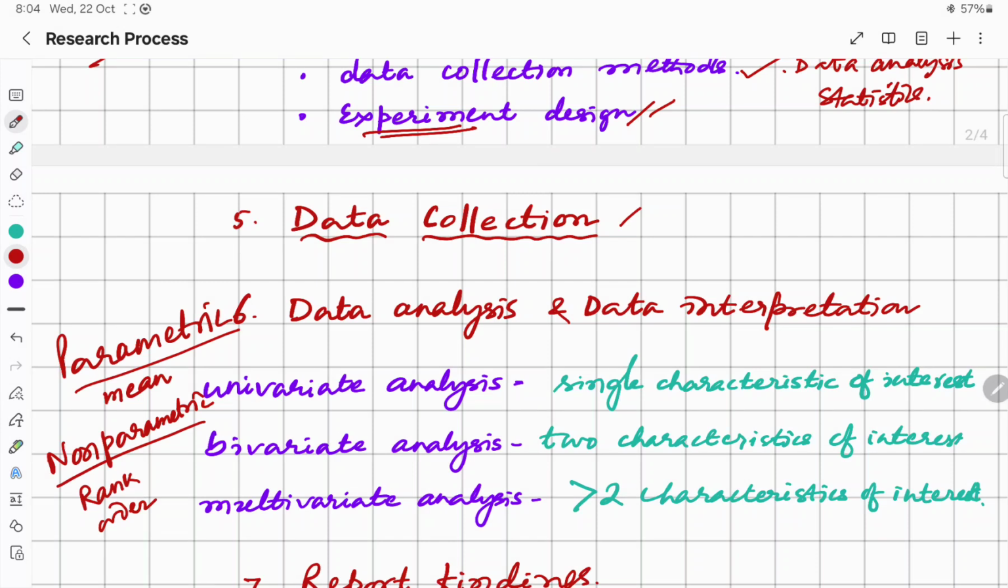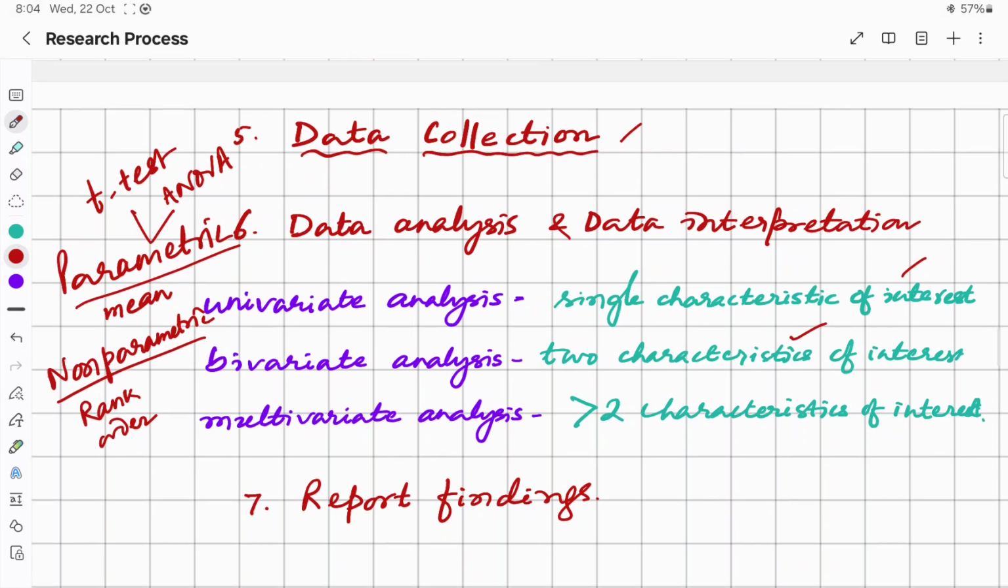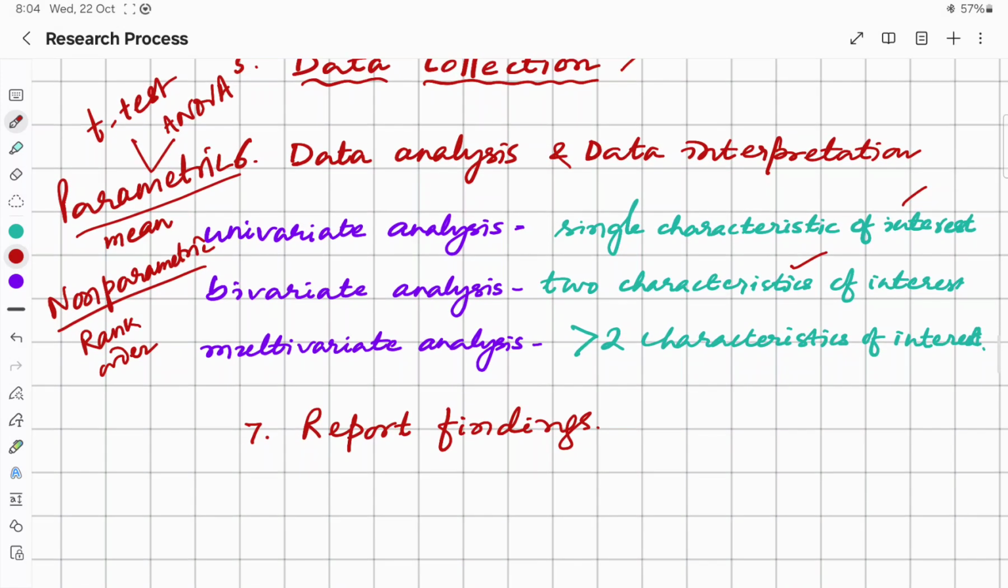Then again, among these parametric tests we will have t-test and ANOVA, analysis of variance, where you can have univariate analysis where a single characteristic of interest is studied, analyzed. The bivariate analysis, where two characteristics of interest are analyzed, and in multivariate analysis more than two characteristics of interest are analyzed. And once it is done, we will have some conclusion of the findings.